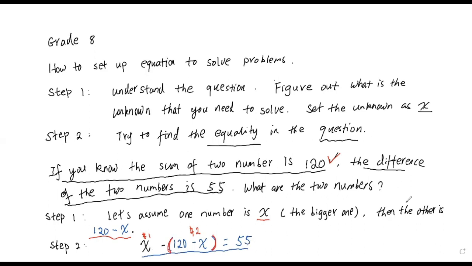Now we can solve the equation. So how do we solve the equation? Most students in grade 8 already know this, but some students are still a bit muddled. To solve this equation, we put similar terms together, and generally we put x on the left-hand side.